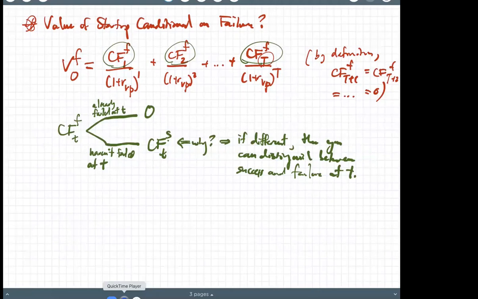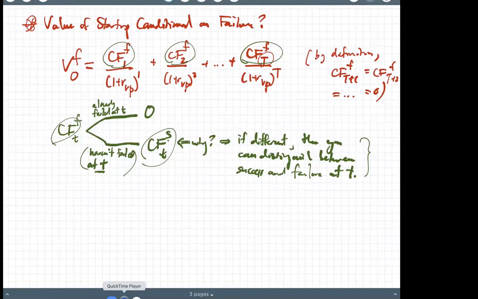And if you can distinguish between success and failure at time t, then you should take the failure case and just make it fail at time t, but we've assumed that we haven't failed at time t here. So if this number conditional on surviving until time t was not the same as this, we would have a logical inconsistency on the part of continuing to fund and allow a startup to succeed.